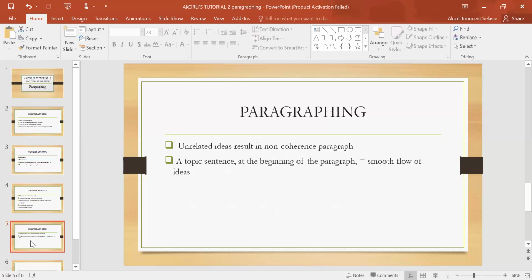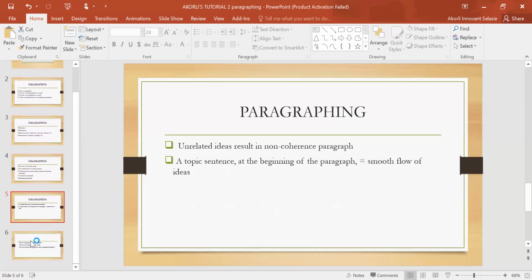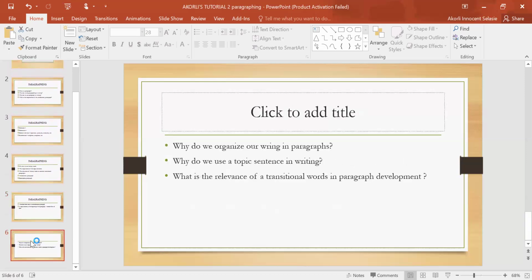So we said a lot, and at this point, I think I'll just have to sign off. Now, some of the questions that I think you should focus on will be: why do we organize our writing in a paragraph?